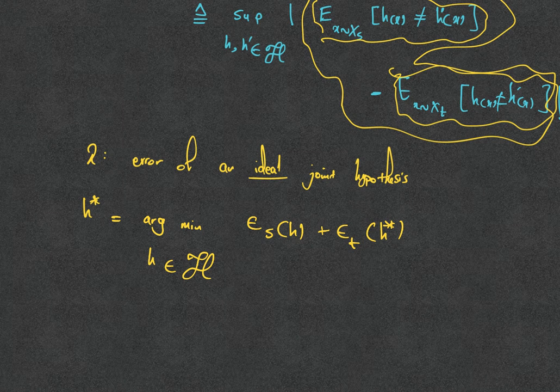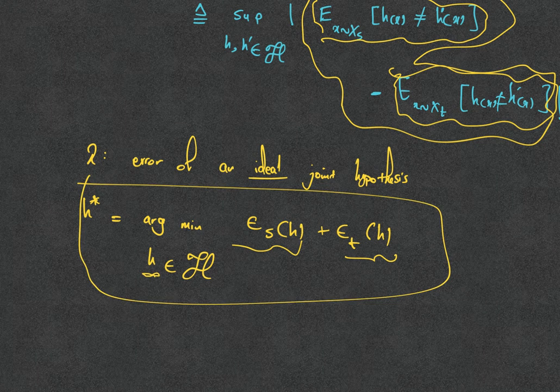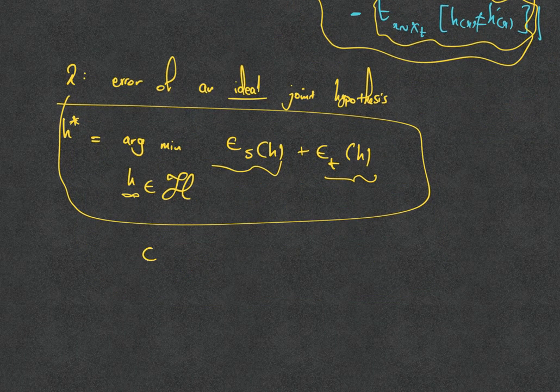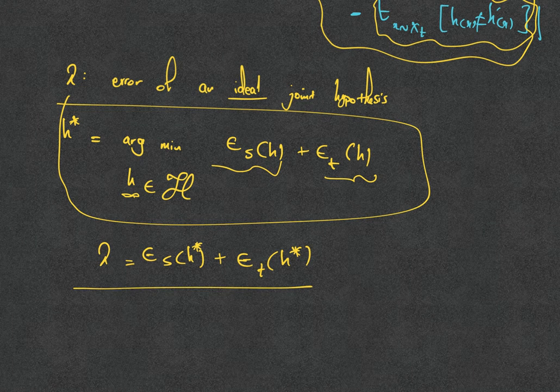You want to pick the generalization error on the target and the generalization error on the source. You want to pick the hypothesis that minimizes this, and this minimized value is the generalization error of this ideal hypothesis, which is used jointly for target and source domains. This is lambda, the error of an ideal joint hypothesis.